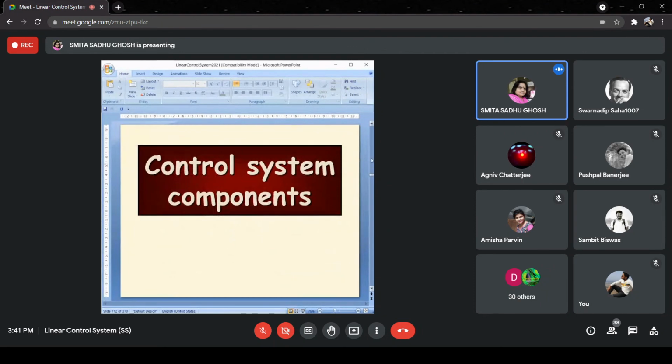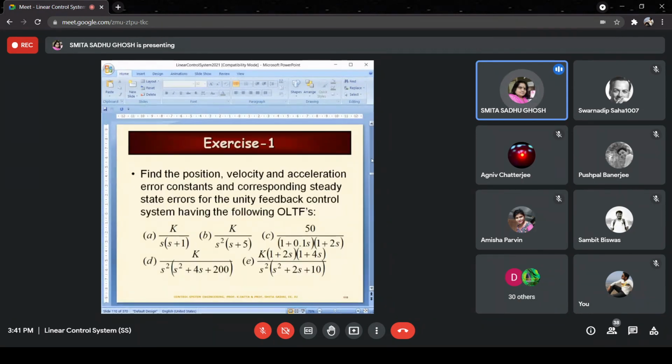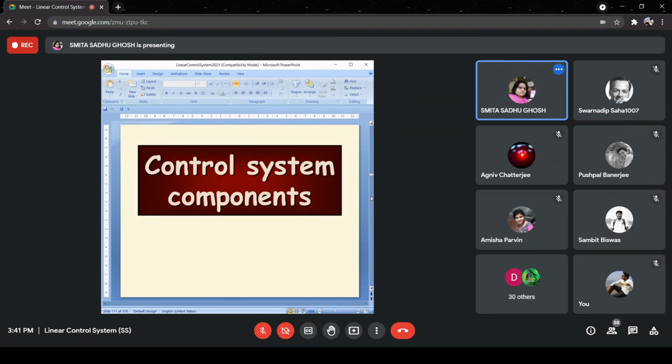Before going to that, you have already got the PDF of the slides. There you will see that at the end of the Bode plot portion related to the steady state errors, you have exercise 1 and exercise 2. The first one has 5 parts and there is the second one.